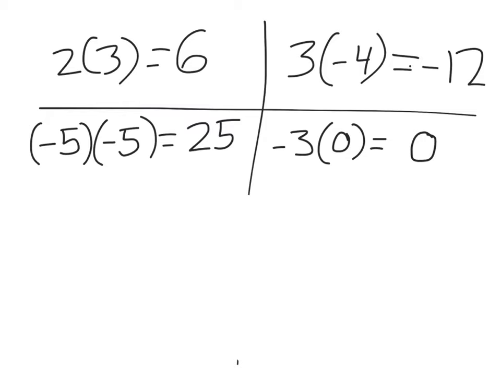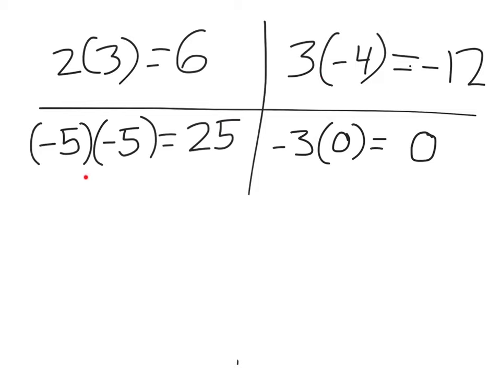In the first example, 2 times 3, notice the number was right beside the parentheses. Anytime you see that, that means to multiply. Here, this number's by parentheses, but then there's this negative. So that's a little trickier because that could look like subtraction. But just remember, if the number is right beside the parentheses, I always multiply.